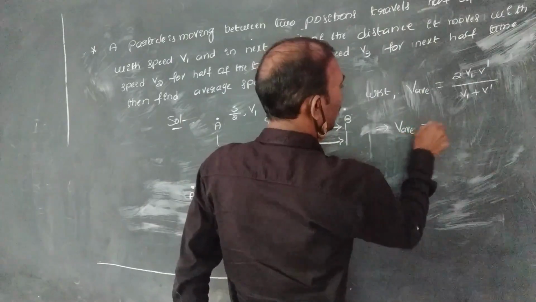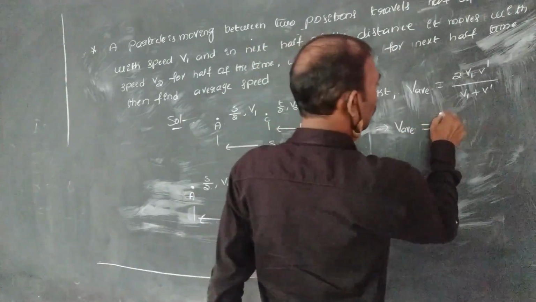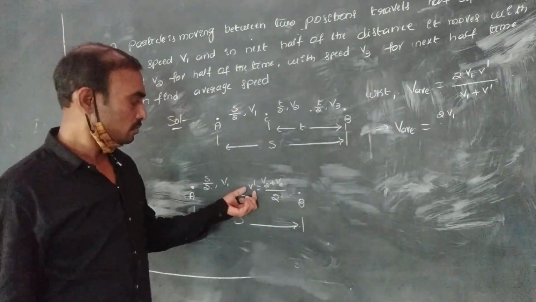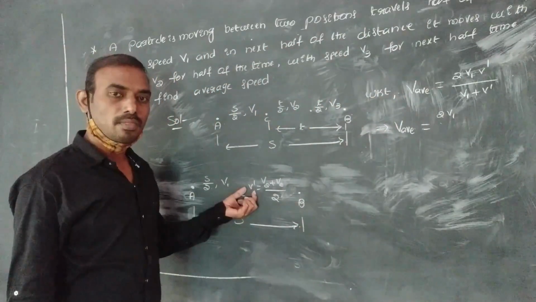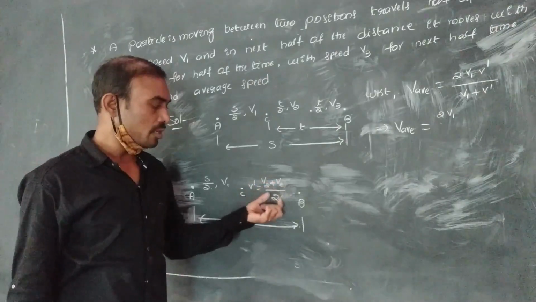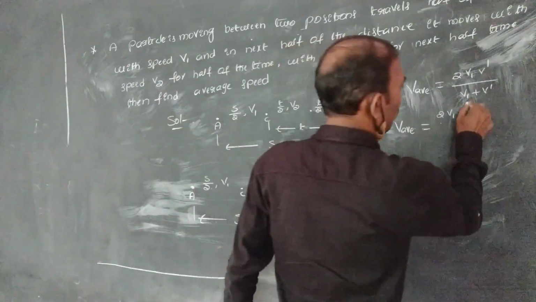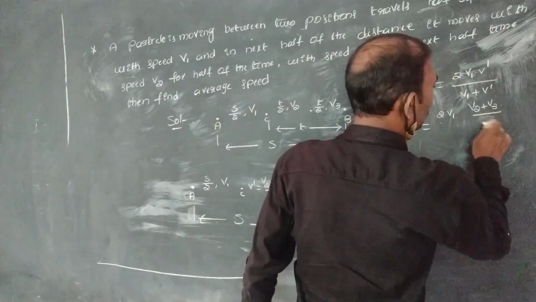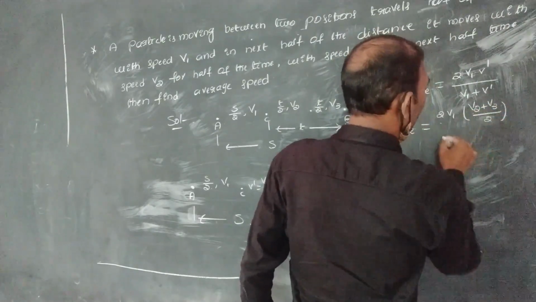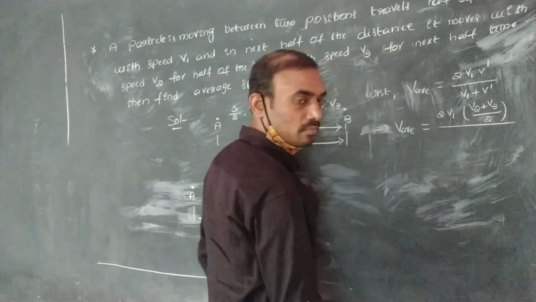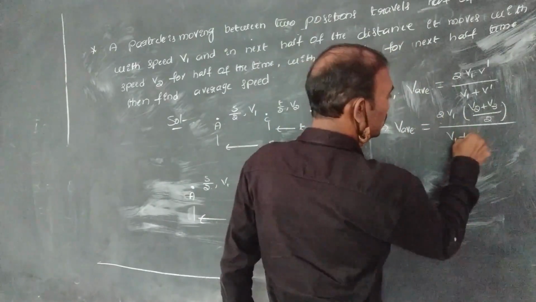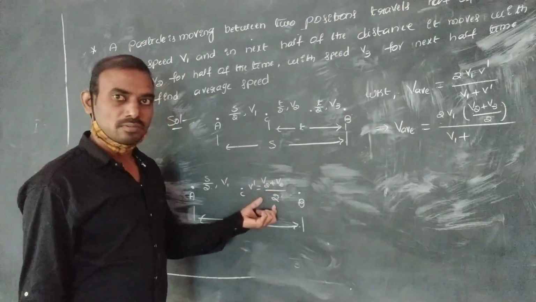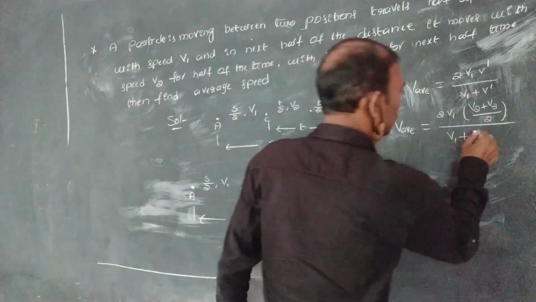That implies V average is equal to 2 V1 into, what is the value of V dash? V2 plus V3 by 2, whole by, in denominator, V1 plus V2 plus V3 by 2.